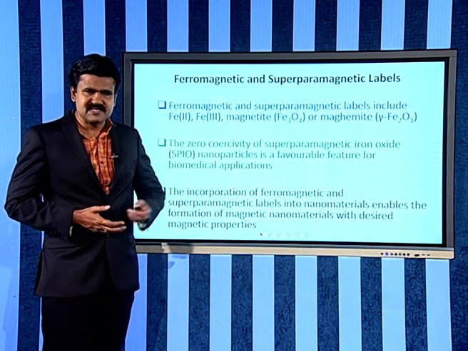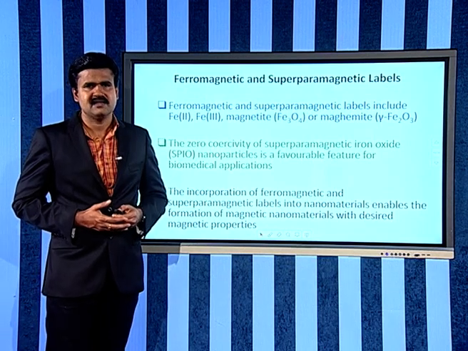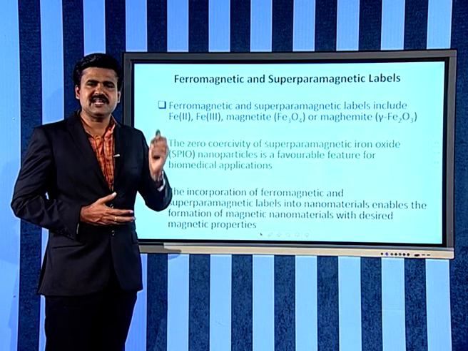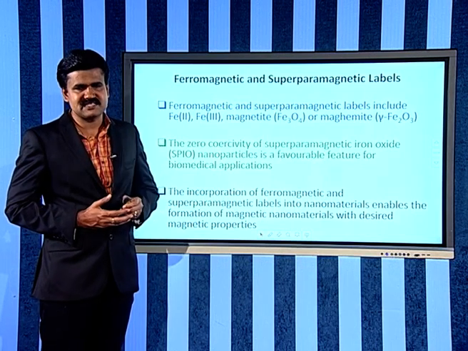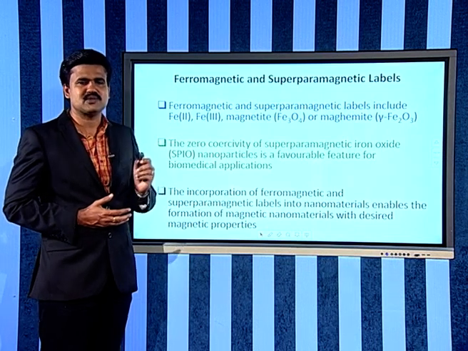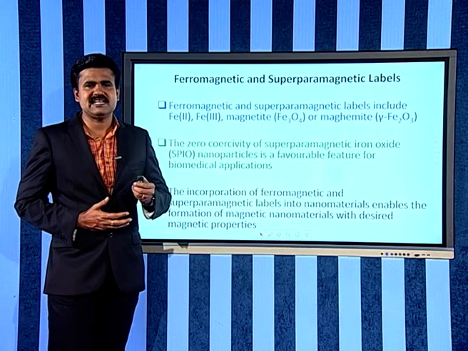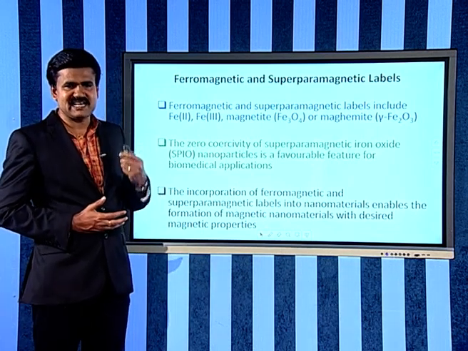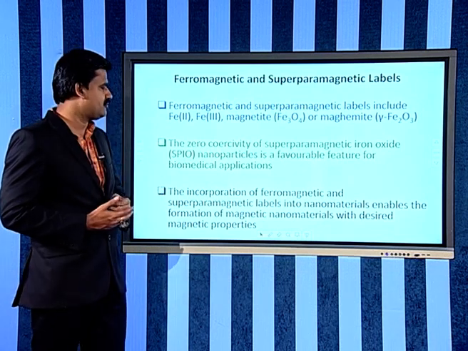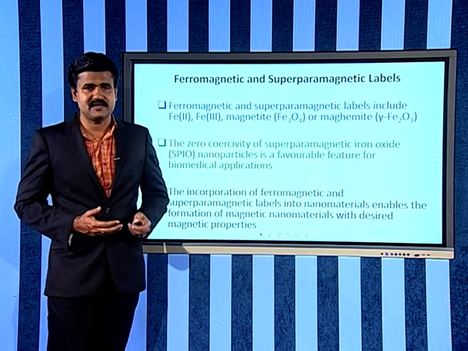We already observed that in the case of a superparamagnetic material, there will be no S-shaped hysteresis curve, and for a superparamagnetic substance, the coercivity and remanence will be equal to 0. The incorporation of ferromagnetic and superparamagnetic labels onto a nanomaterial enables the formation of magnetic nanomaterials with desired magnetic properties.